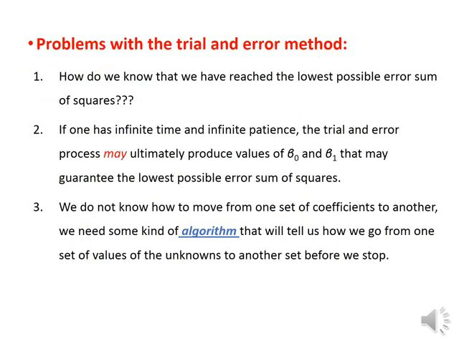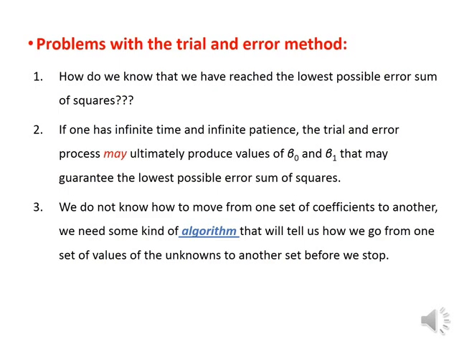Of course, there are problems with the trial and error method. First of all, how do you know that you have reached the lowest possible error sum of squares? You have to try all possible combinations of the two parameters, which is an infinite number. You cannot reach all possible combinations of the values. So how do you know that you have reached the lowest?